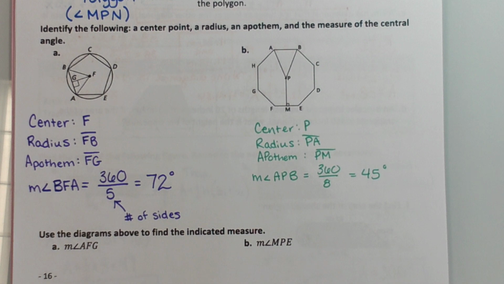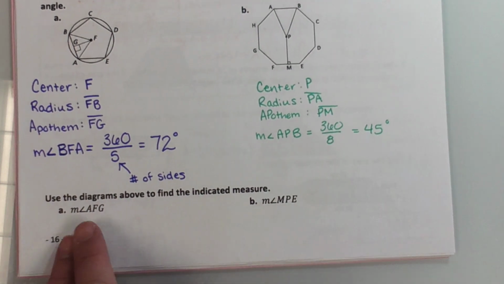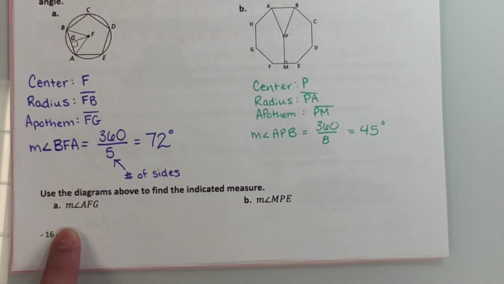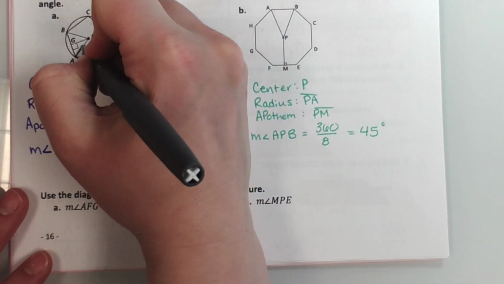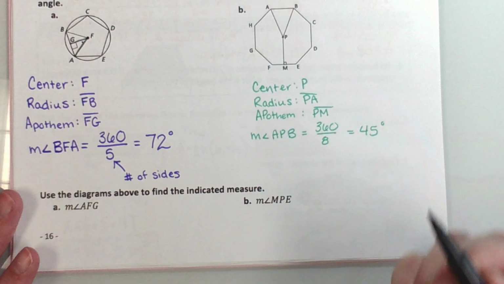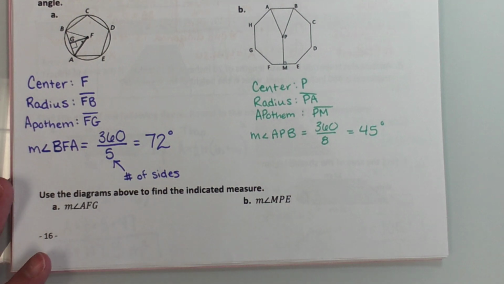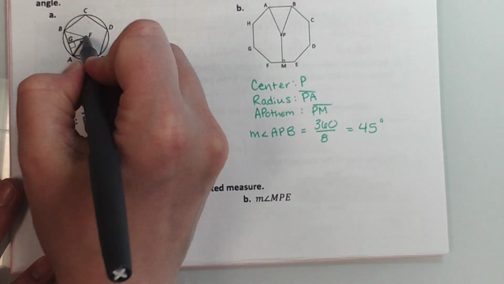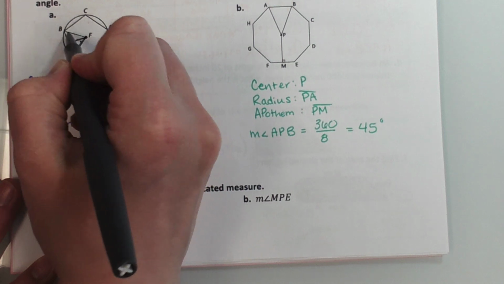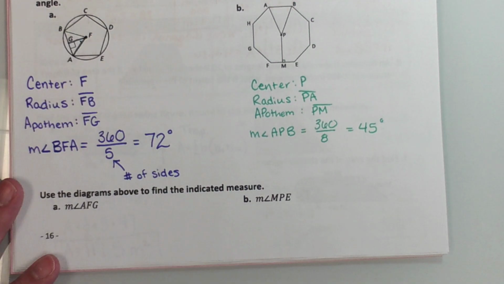What if I followed up these questions, and this one's referring to this diagram, and asked what is the measure of angle AFG? Split it in half. Because this is a regular polygon, that makes this triangle an isosceles triangle.